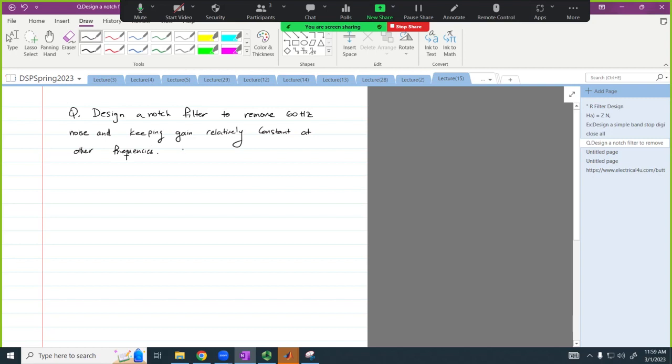The sampling frequency we're going to assume is the same, so all the numbers that we calculated for omega are the same.